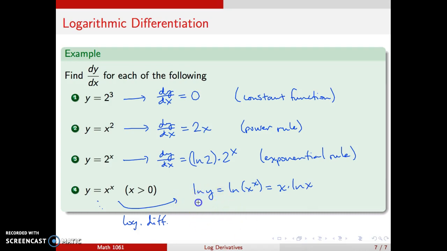To differentiate, we've got 1 over y times dy dx equals, product rule there, 1 times natural log of x plus x times the derivative of natural log of x, which is 1 over x.